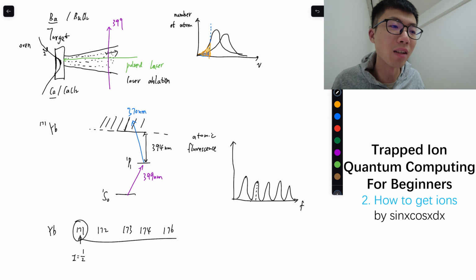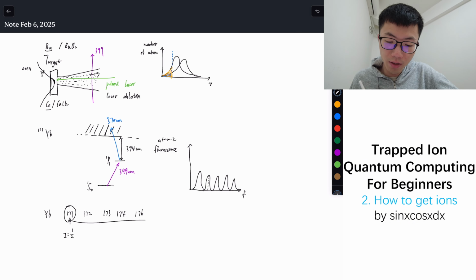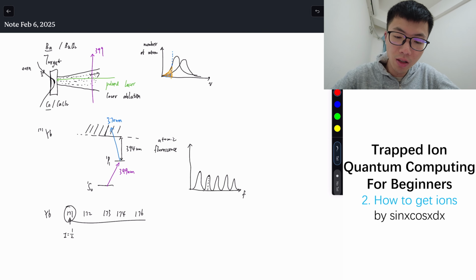We talked about how to get the ions and just get the isotope we want. And then in the next video, I will talk about how to confine the ions. We have atoms, and using the 370 laser, these are ions now with a positive charge.